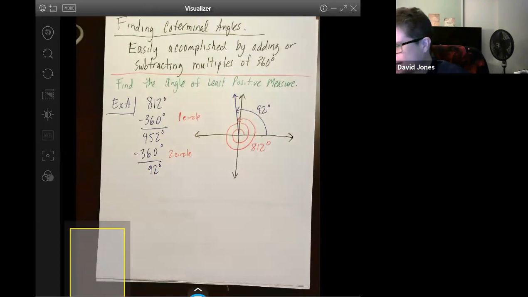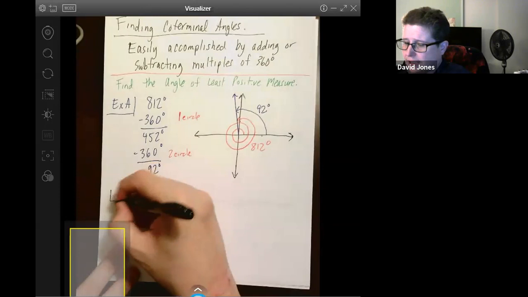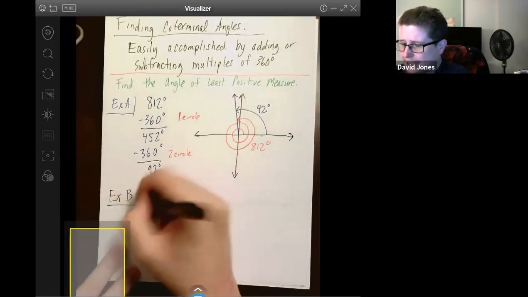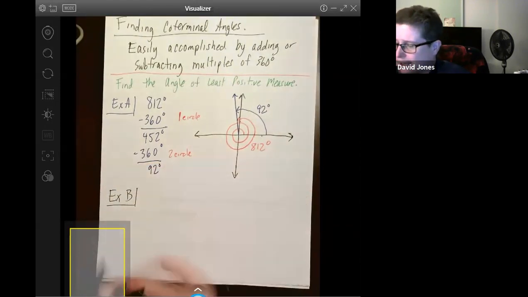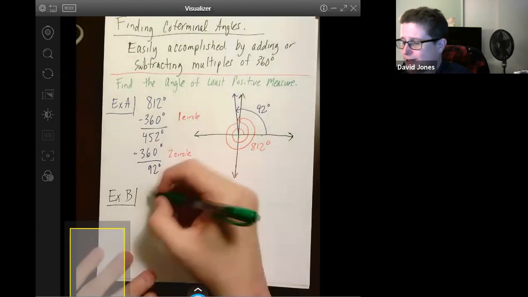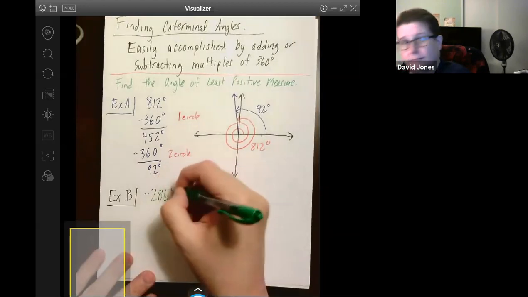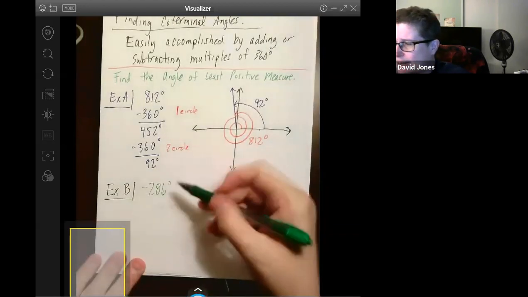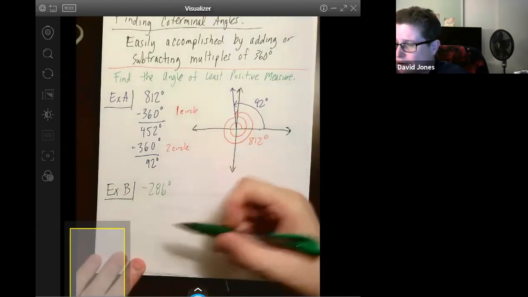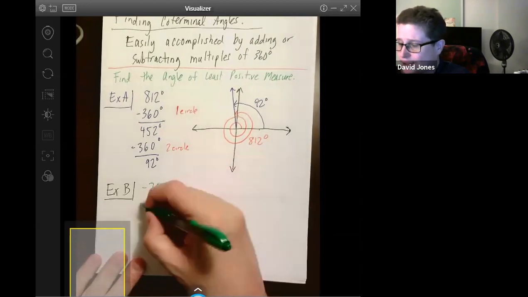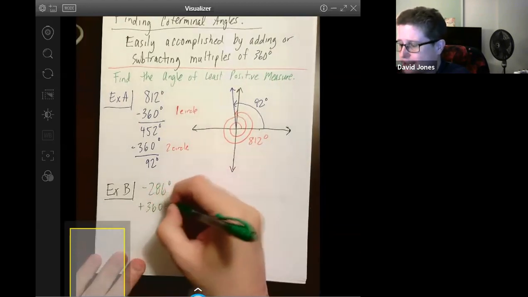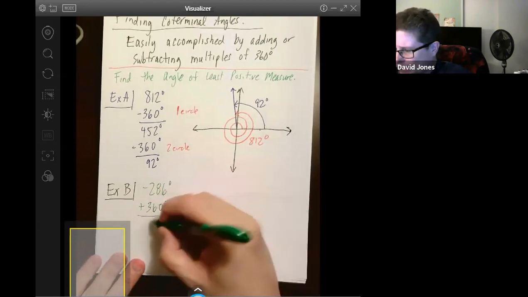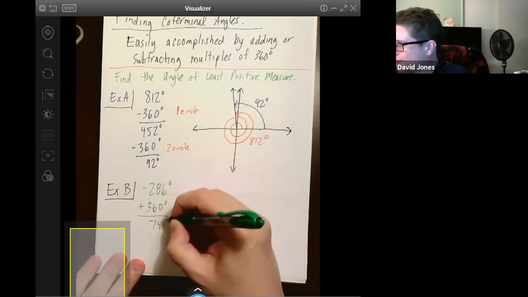We do use negative angles. If you go backwards, it's a negative angle. So let's look at negative 286 degrees. We want to make it between 0 and 360, so we have to add numbers to it. Here we'll add 360 to it. If you add 360 degrees, that's 74 degrees.